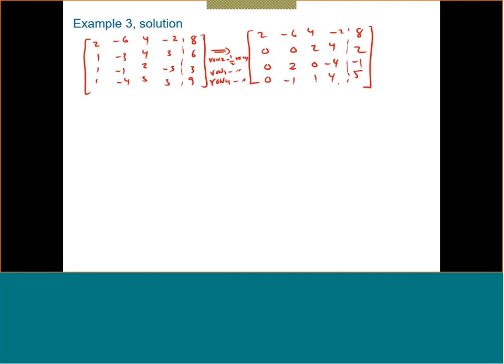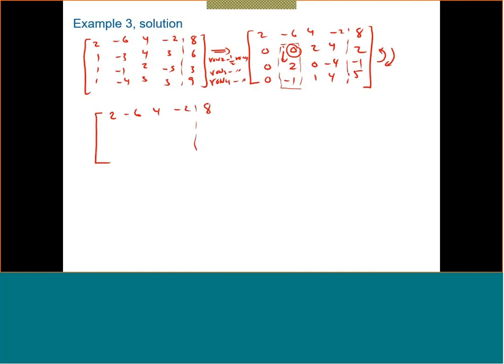Okay. So now the partial pivoting is always there, so we have to check it. If you look here, we compare the diagonal element with everything below. It's obvious that this is higher, so I need to interchange these two rows. So I will have 2, minus 6, 4, minus 2, 8.